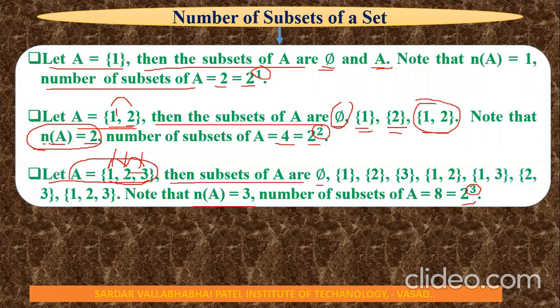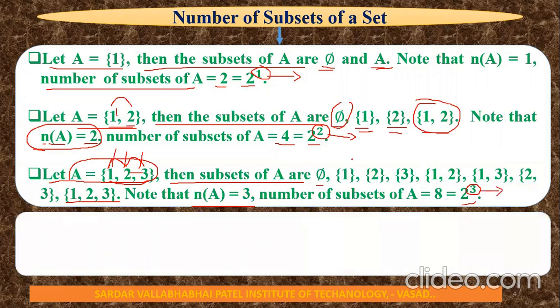And then for three elements, {1, 2, 3}. So the number of subsets of A is a total of 8, and we write 2 raised to 3. If the number of elements is 1, we write 2 raised to 1. If it is 2, we write 2 raised to 2. If it is 3, we write 2 raised to 3.